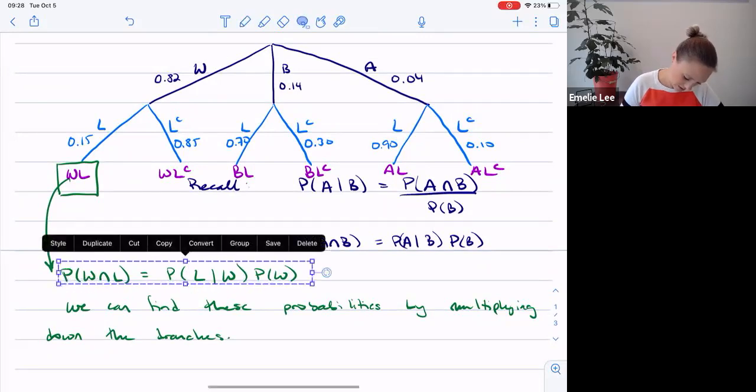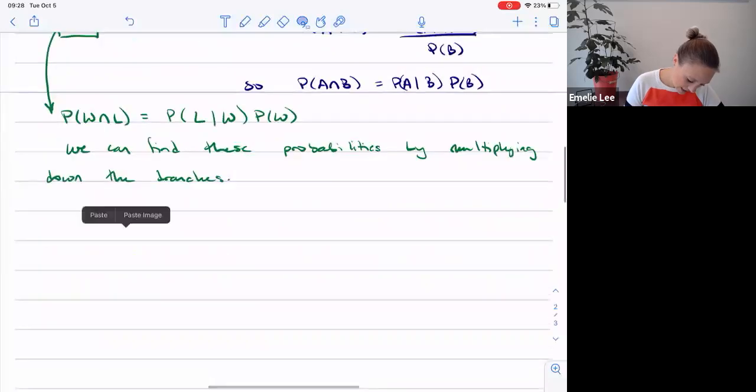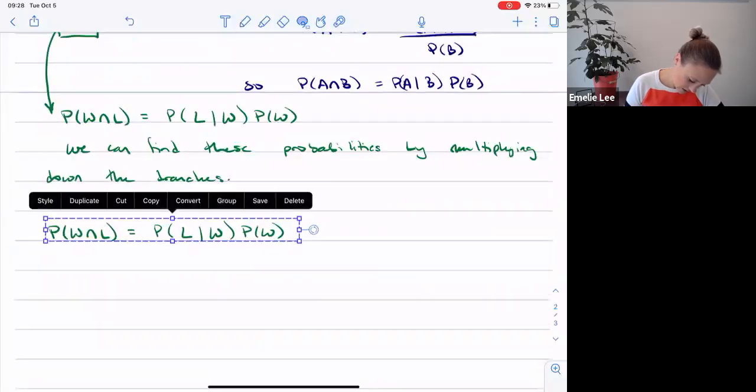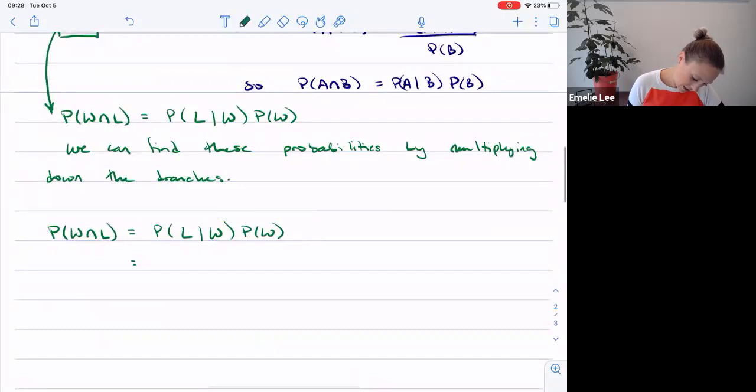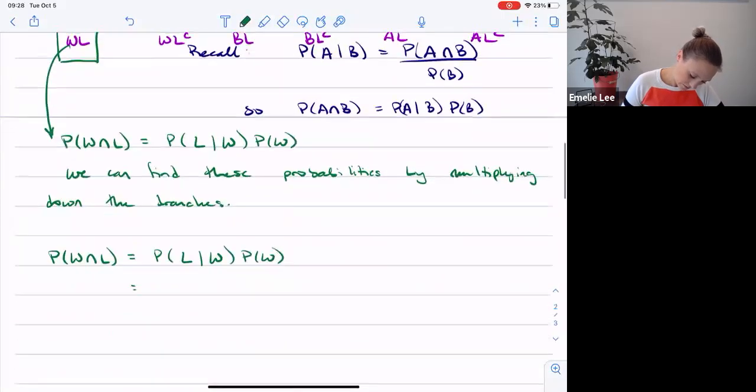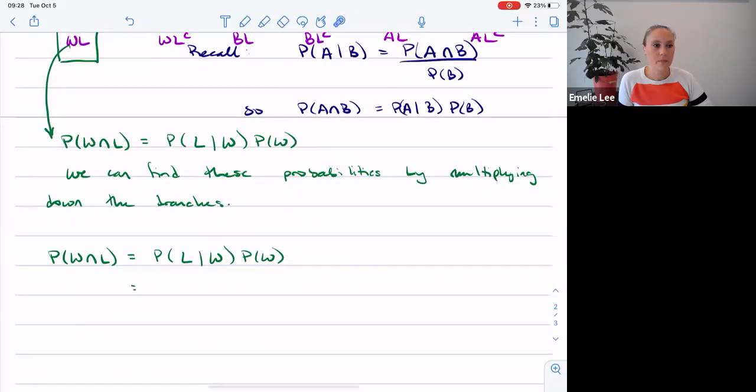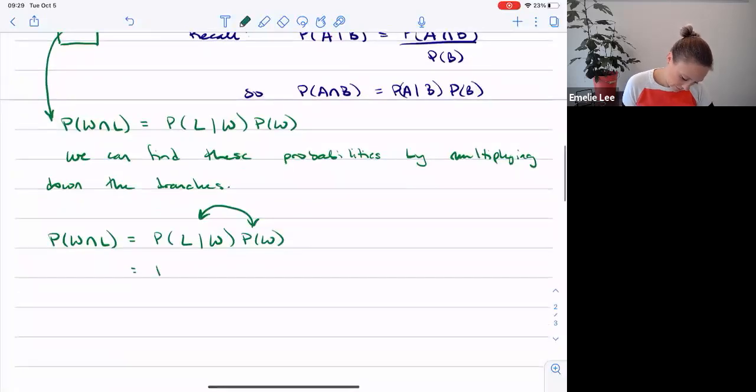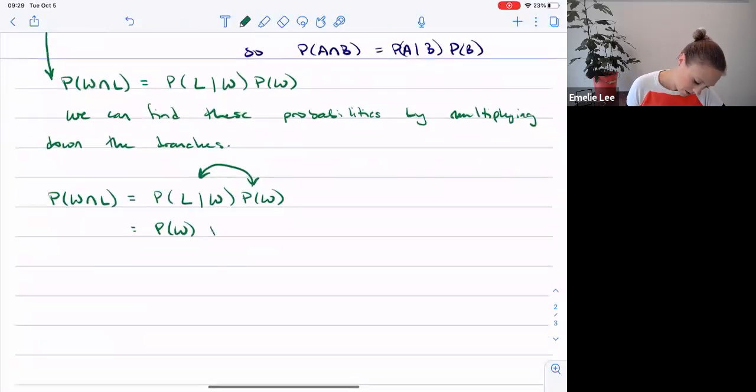Maybe I'll just copy it because I can paste. So that's going to be, you know what? Because I want to show that I'm multiplying down the branches, I'm actually going to reverse this order here. But that's the same. If A times B, does that equal B times A? Yes, it does, right? Multiplication, you can switch things around. So the probability of A, L given W.